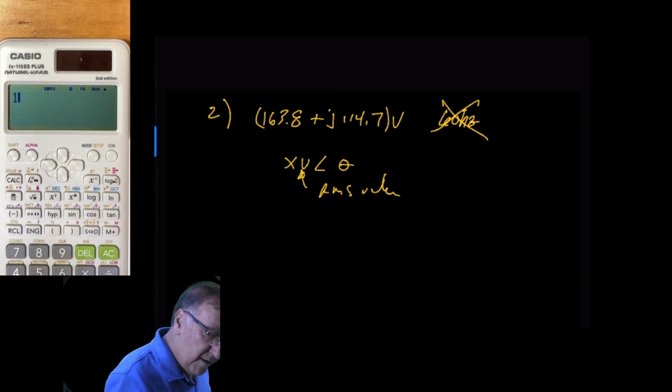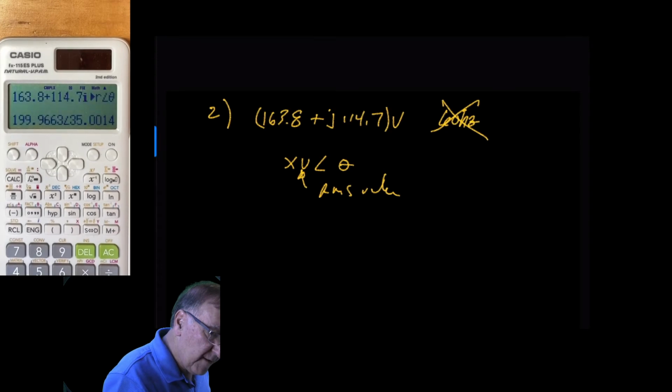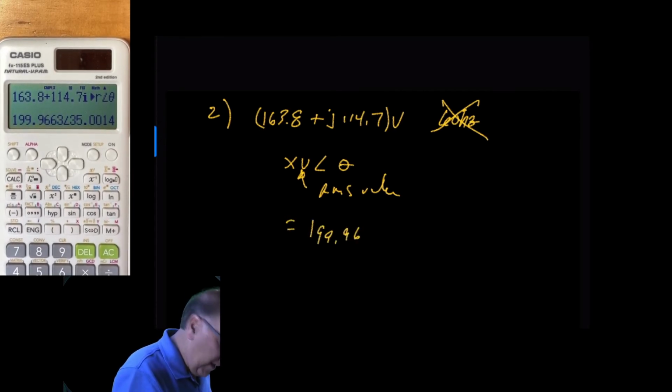So it's 163.8 plus 114.7 i, and if we then use our shift 2 3 equals, so that becomes 199.96 at an angle of 35 degrees, which is the answer.